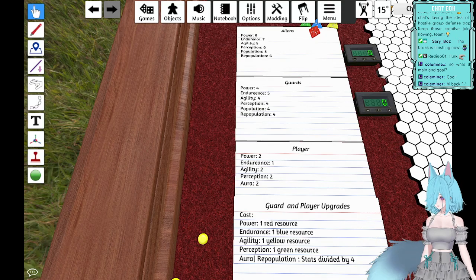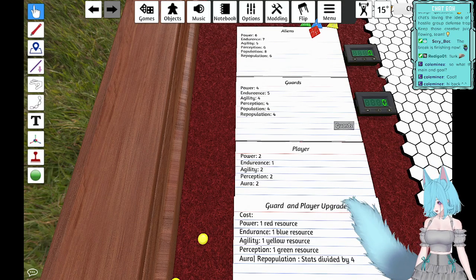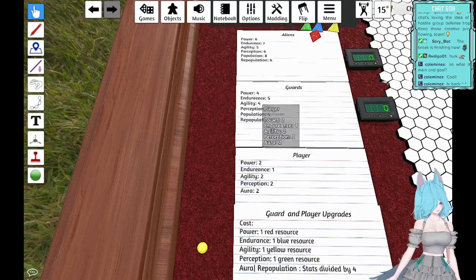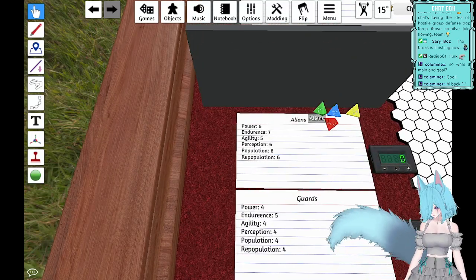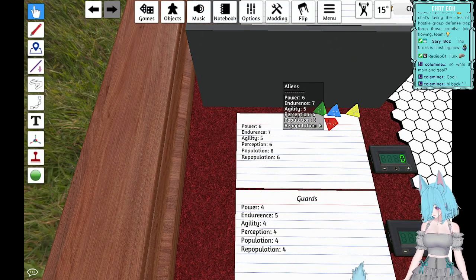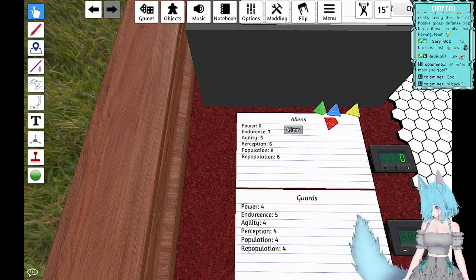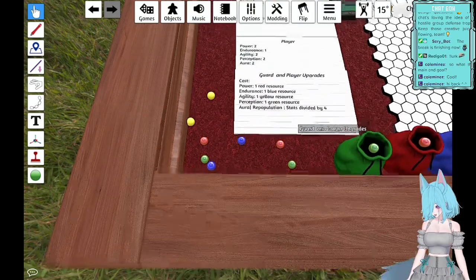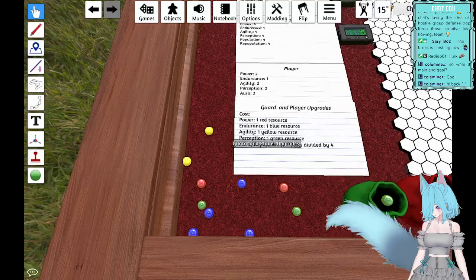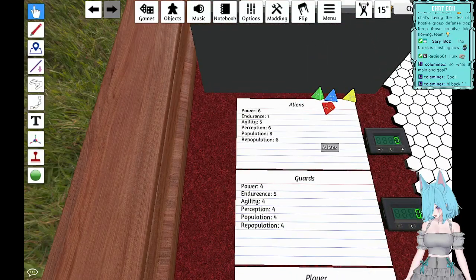And right now, agility is the aliens' weakness. So, this is where we strike. Yellow resource, 2 agility.